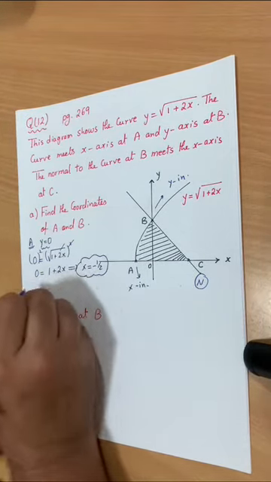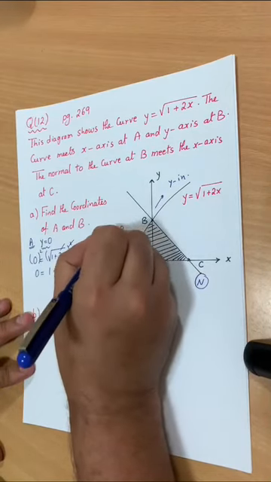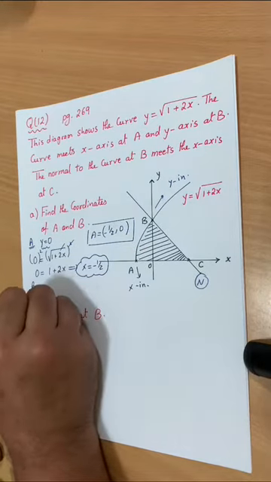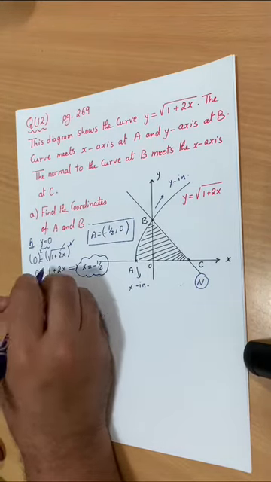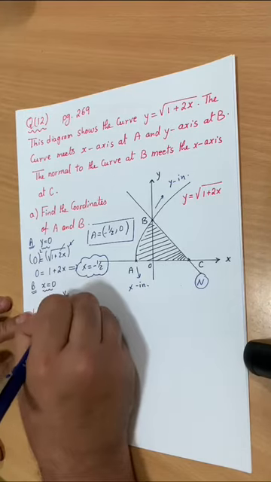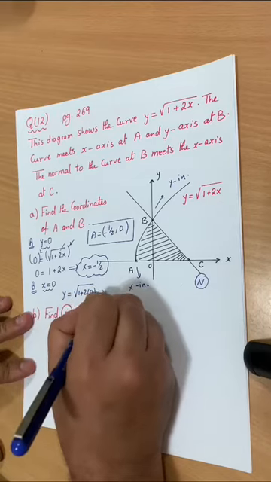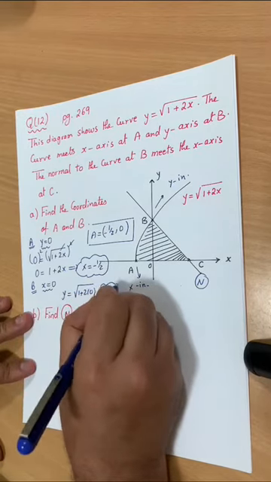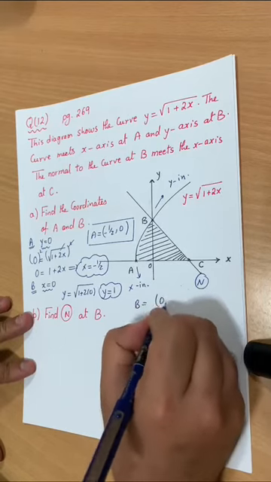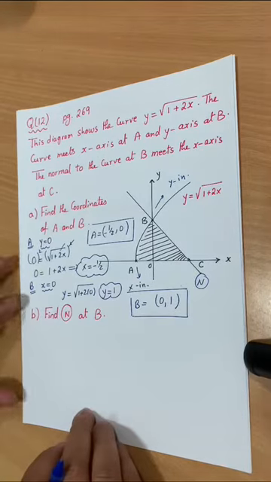So the coordinates of the point A are negative half and 0. For point B, which is the y-intercept, we have to replace x with 0. So y equals the square root of 1 plus 2 times 0, then y equals 1. So the coordinates of the point B are 0 and 1.